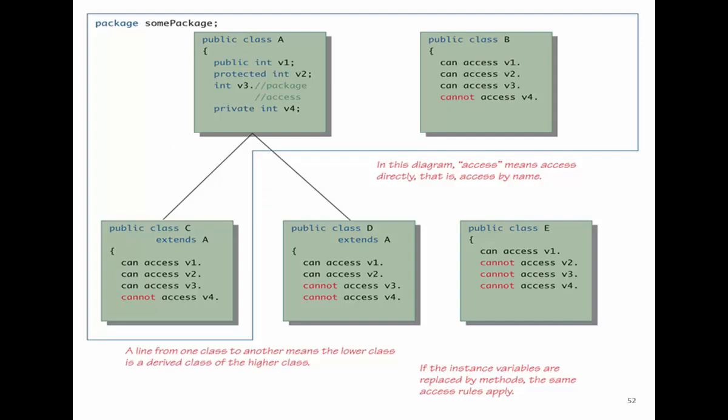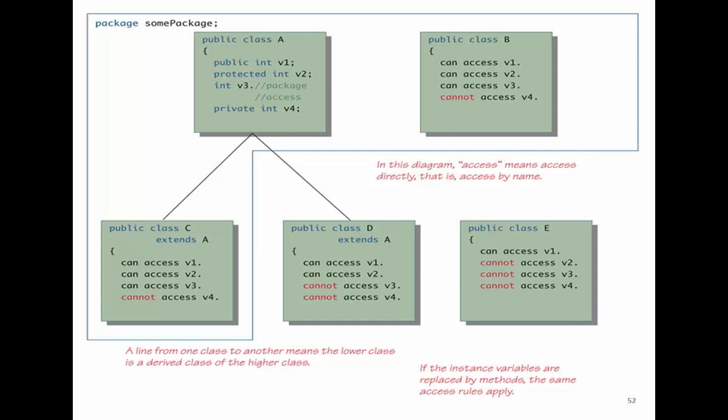This, I found in one of the references, explains what happens with the default access. If you have some classes that exist in the same folder, but there's no relation between these classes and the class that you are working with. Here in the example, we have class A, class B, class C, D, and E. Each arrow here represents the extend behavior.